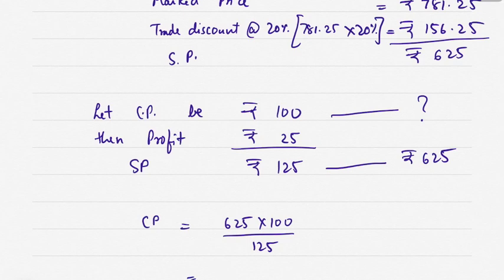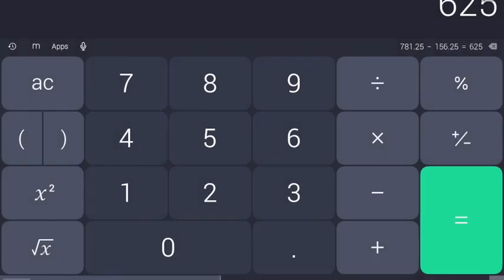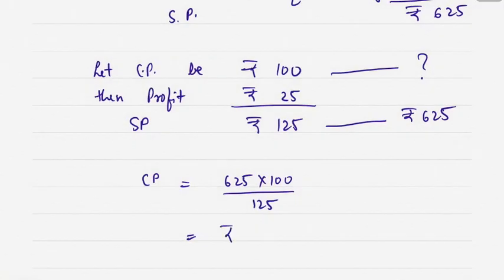Now calculate. 625 into 100 divided by 125 comes to 500. So cost price is equal to rupees 500. That's it for the day, students. Have a great day.